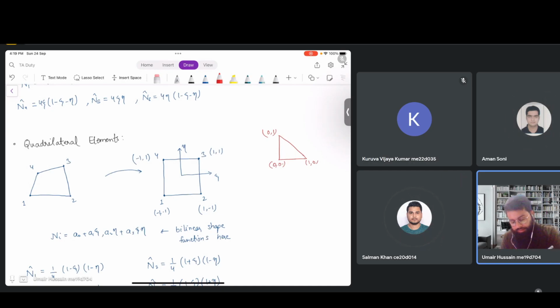This is similar to what we discussed in 1D, right? In 1D also we had only one variable, xi, and it ranged from xi equals -1 to +1. And in 2D we'll have eta also ranging from -1 to +1.